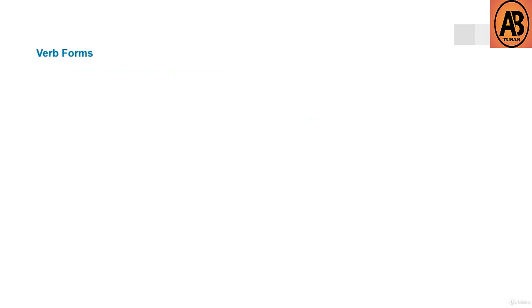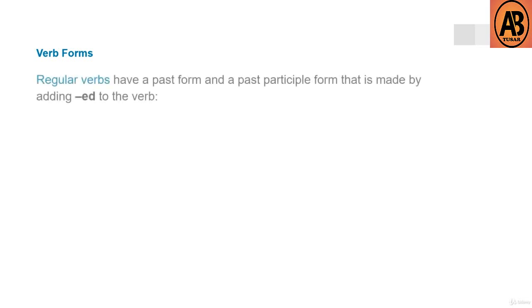So I mentioned before that verbs have different forms. English verbs are often divided into regular verbs and irregular verbs. Regular verbs have a past form and a past participle form that is made by adding ed to the verb.